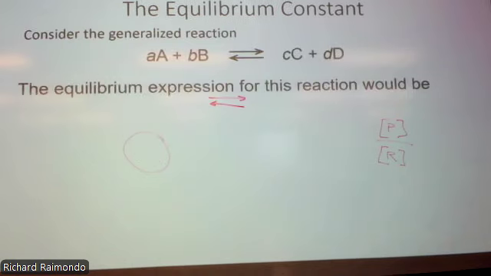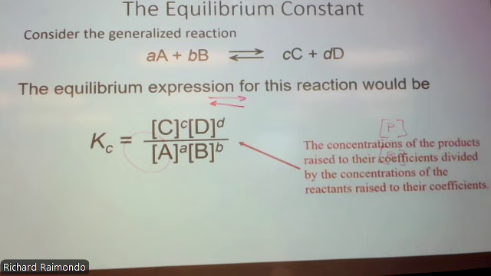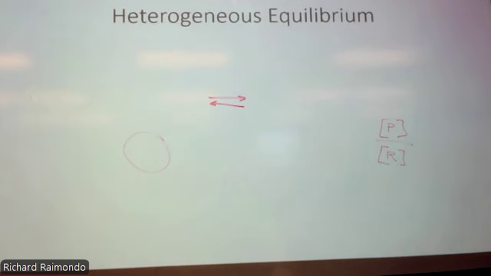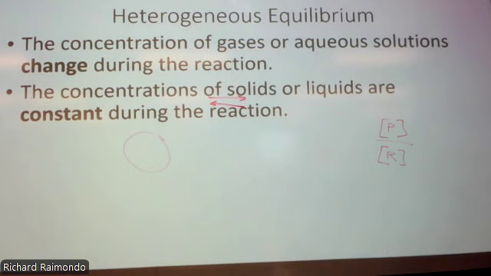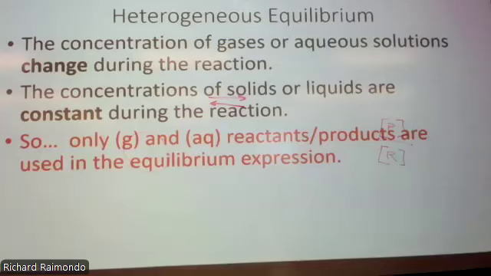Okay. So let's step through it a little more. We talked about what it would look like if you have more than one or two reactants and products. We talked about what has a concentration. So what has a concentration? Aqueous solutions and gases, right? Everything else, solids, doesn't have a concentration. You can't make a solid more solid, or less solid. Same thing with pure liquids.